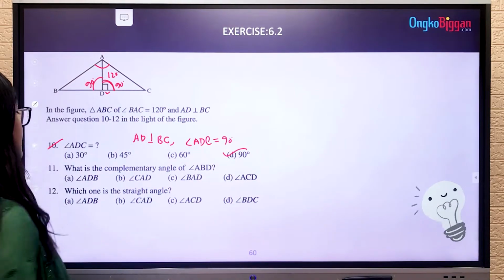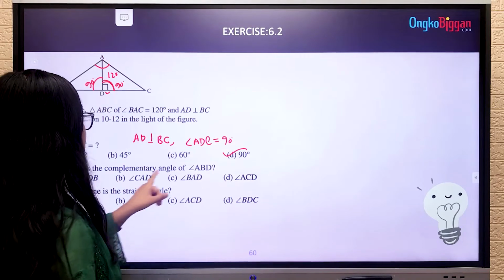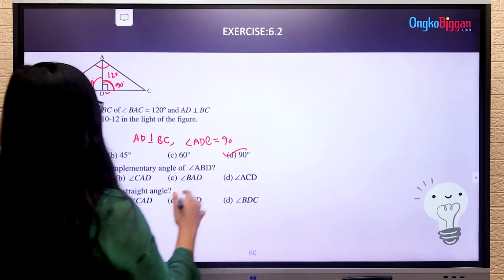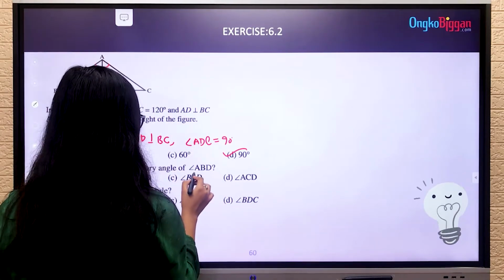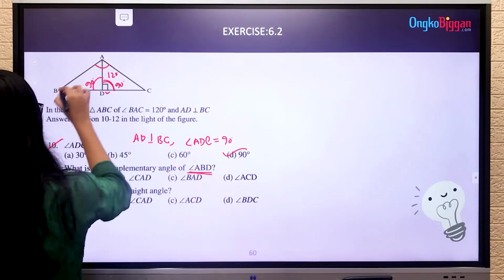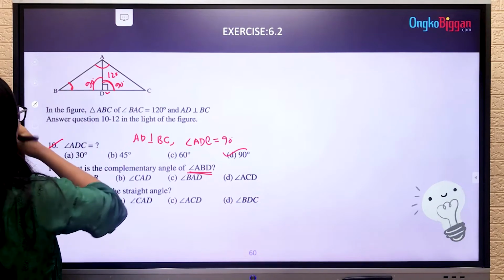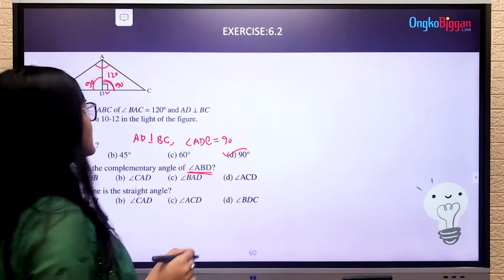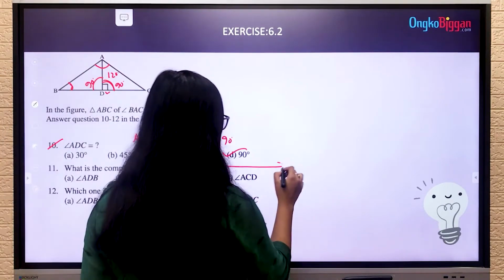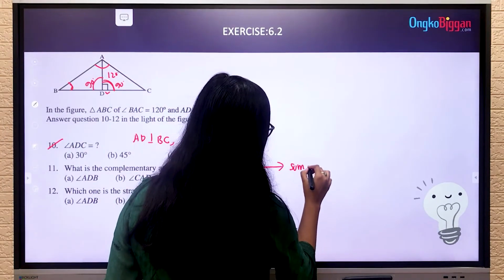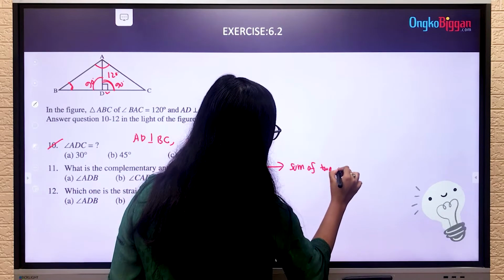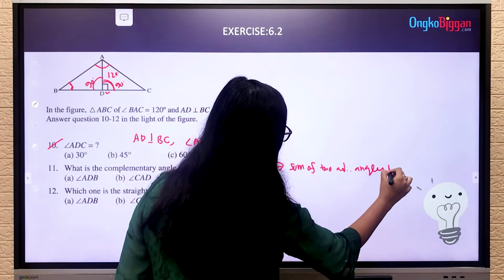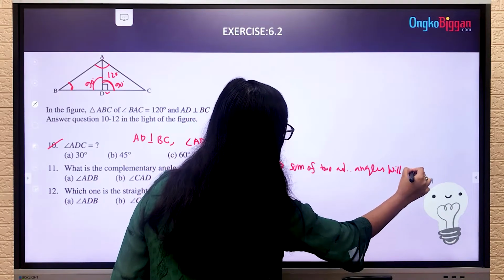Clear? Then number 11. What is the complementary angle of angle ABD? For finding the complementary angle, the sum of two adjacent angles needs to be 90 degrees.